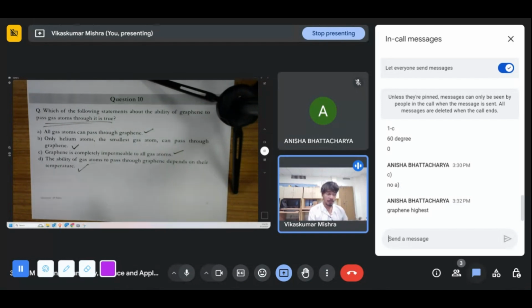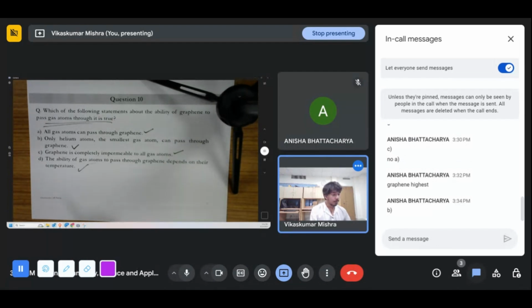Among these, which was the answer that we have learned in the class? There was a topic where we learned about helium gas within this graphene topic. Option B says only helium atom, the smallest atom, can pass through graphene.